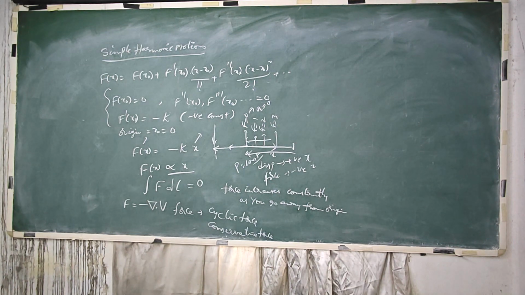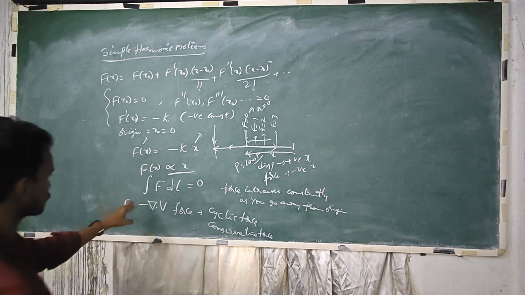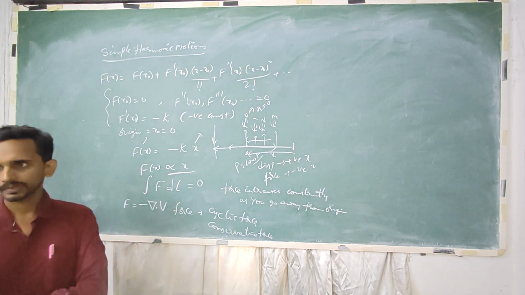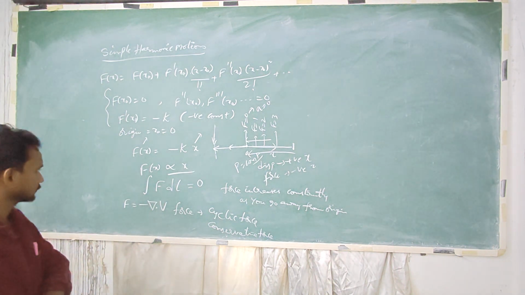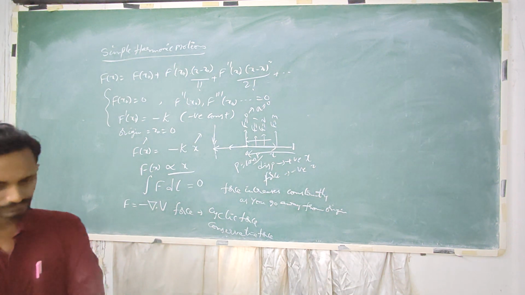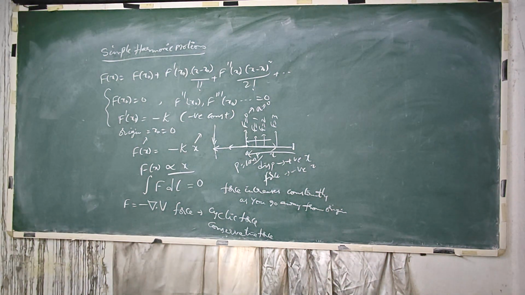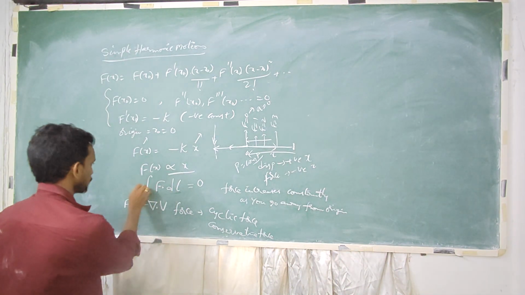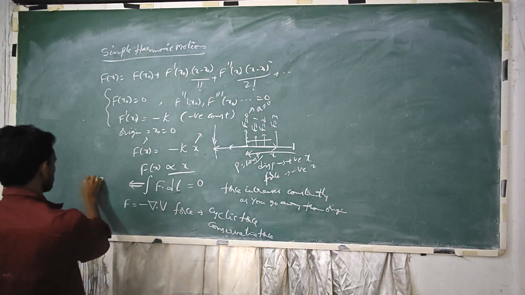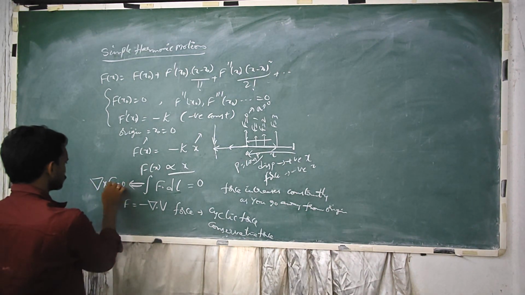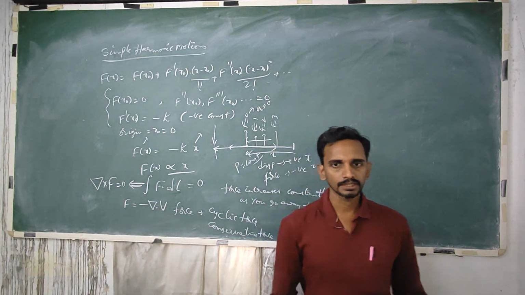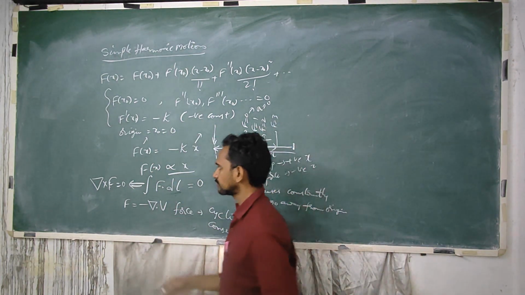I mean, negative is a matter of discussion, but you can write it as a gradient of a function. So what does that mean? We need to see what that means. So f dot dl is 0 implies this can be written as a cross product of the gradient function, sorry, del cross f becomes 0.